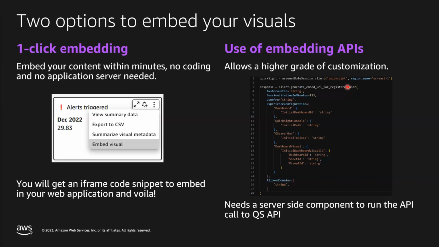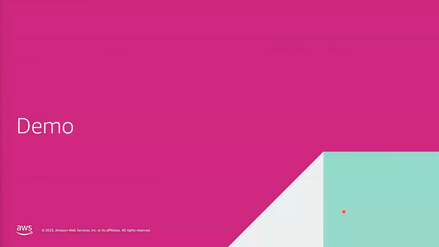So we can communicate the visual that has been embedded with the application that is embedding the visual. So this is a higher level of integration that also comes with a little bit more coding. But we will see during the demo that it's not complicated to get started with these different APIs. And actually, I will show you how to deal with them.